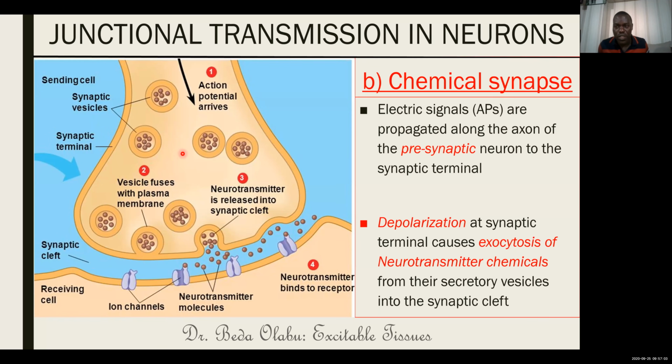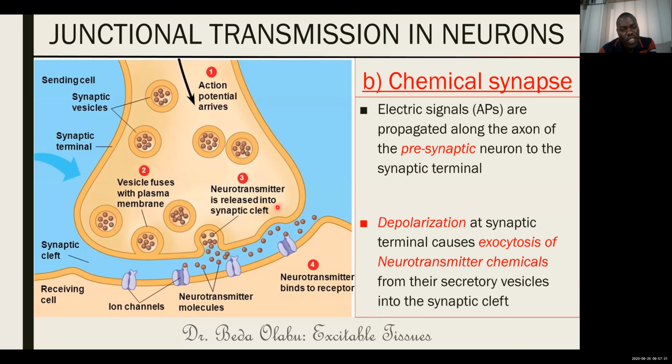Now, how it causes that to happen is a bit of a detail that I really didn't want to go into, but it involves calcium ions. Remember, when depolarization comes like this, usually it's largely sodium influx, but at the axonal terminal, we usually have voltage-gated calcium channels as well.